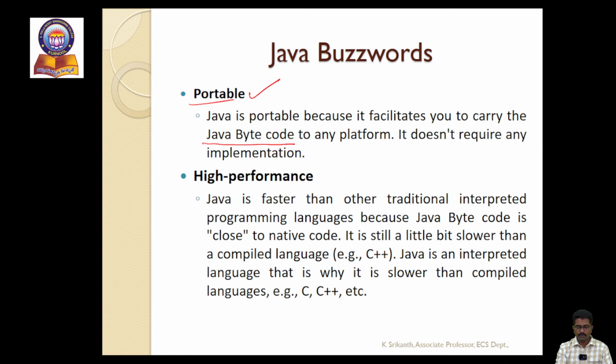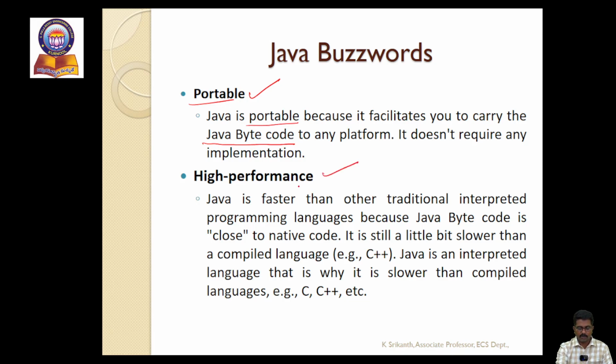This .class file can be copied into any other system, and without any changes we can run it easily. So the program can be run anywhere. That makes the language portable. The code can be run on any machine, which is an important feature of Java and makes the language platform independent.